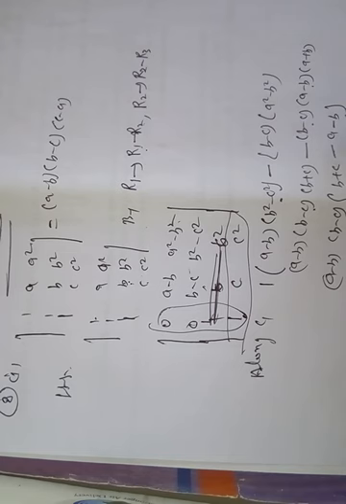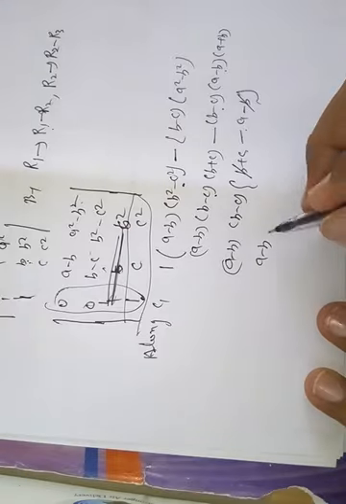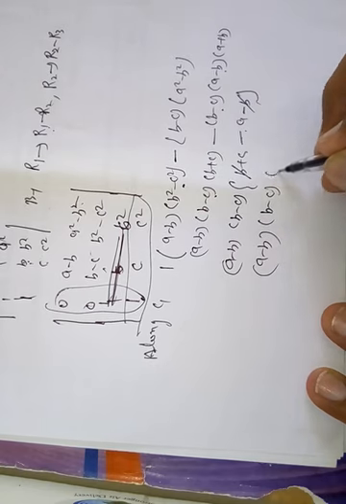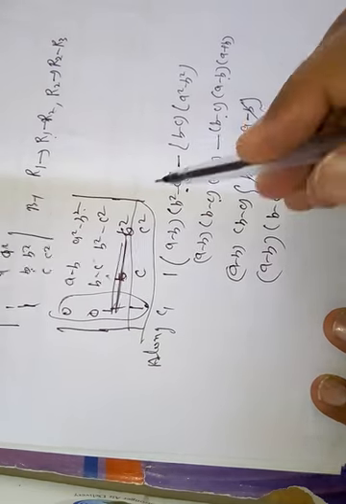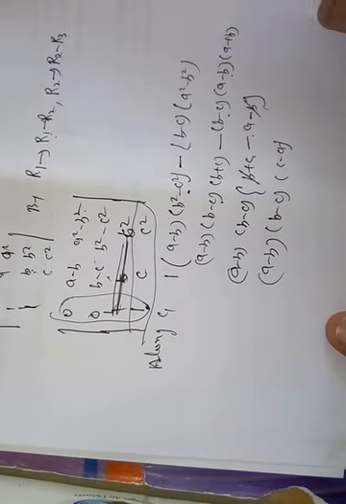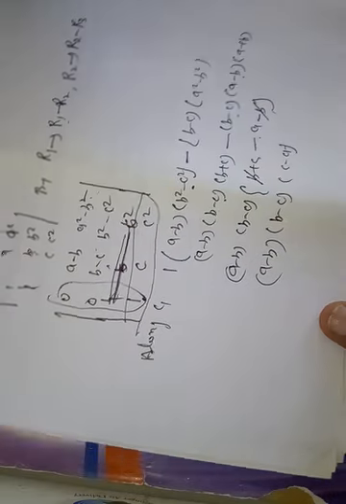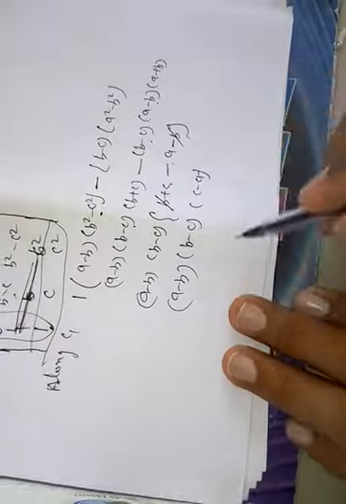Okay, minus b plus b cancel, c minus a minus b and b minus c and c minus a. You can apply this property, minus (a minus b), a minus b, b minus c common from R1 plus R2. Right, proved.